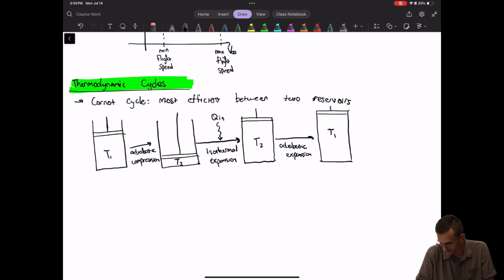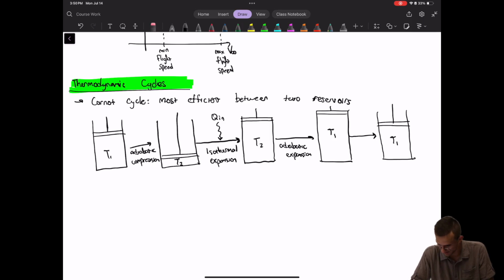And then it goes into contact with the, let's say, cold bath, and returns to its original state with T1, and you have some sort of Q out, right? This is an isothermal compression.